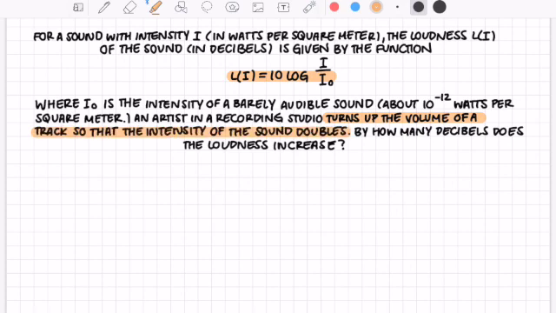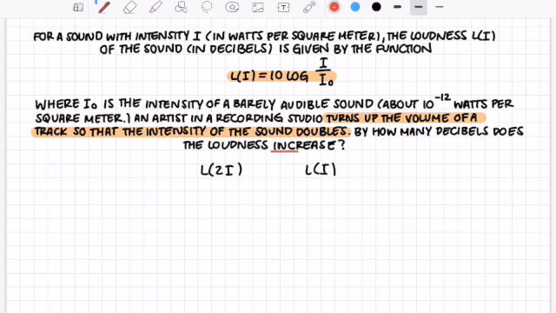So we started off with our regular soundtrack, which is L of I. In our other soundtrack, it doubled. So we have L of 2 times I, right? We're saying it doubles, so we're going to double the intensity in our function. How many decibels does the loudness increase?